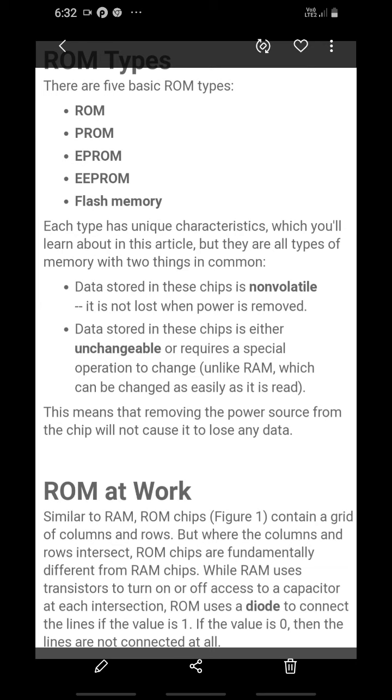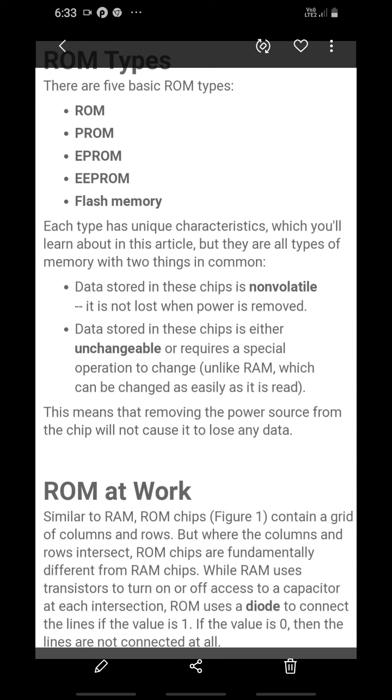Data stored in these chips is non-volatile. It is not lost when power is removed. Data stored in these chips is either unchangeable or requires a special operation to change, unlike RAM which can be changed as easily as it is read.